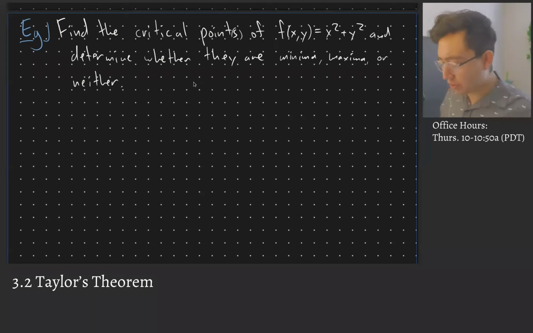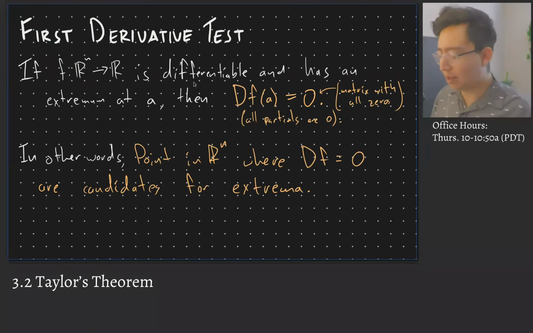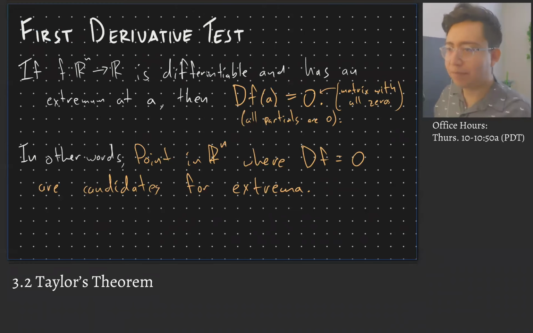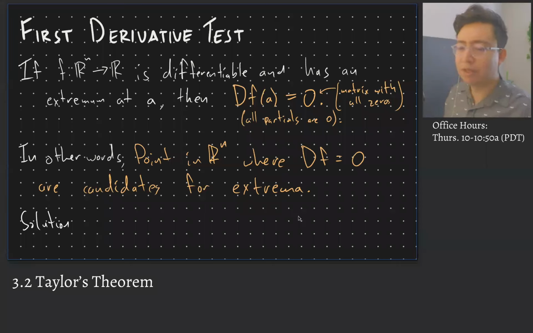I knew I was going to forget to write this down. I used the word critical points here, and I never told you what that meant. The general structure is that we take the total derivative of f, set it equal to 0, and solve for the different values of xi, and those are going to be our candidates.